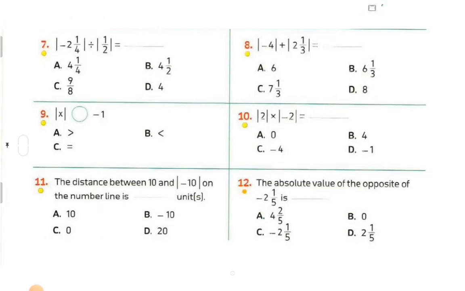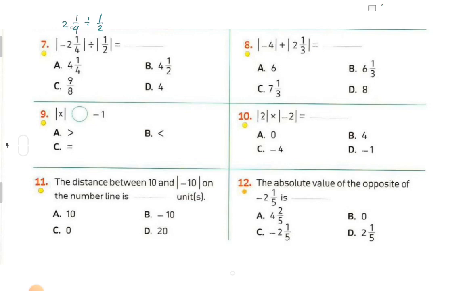Okay. Point 7. Absolute value of negative 2 and 1/4. Negative will be positive. Okay. Divided by a half, with absolute value it's the same itself. How to divide these two?